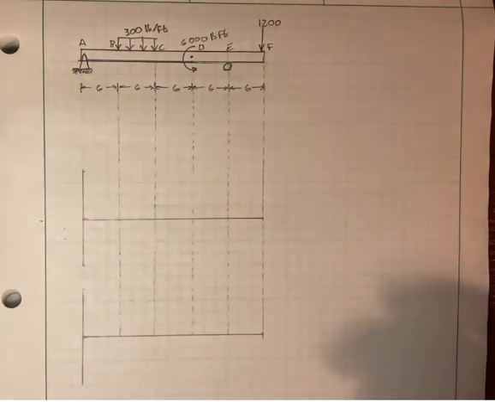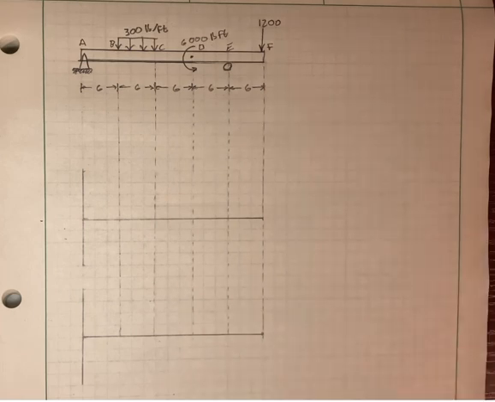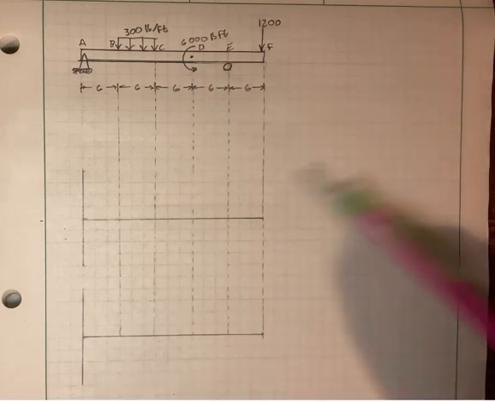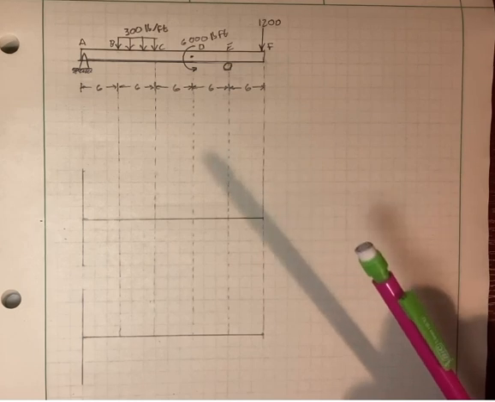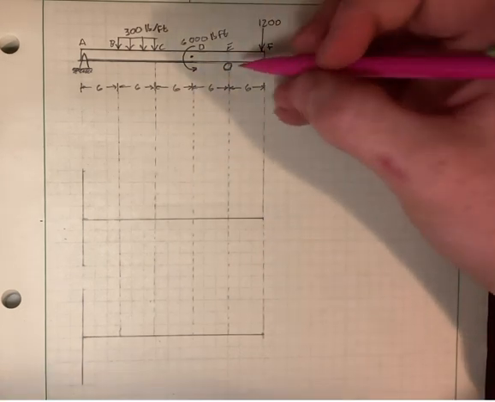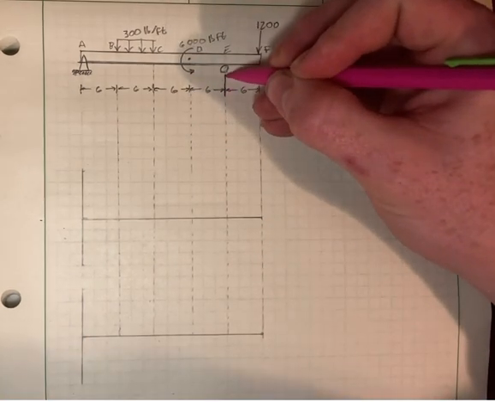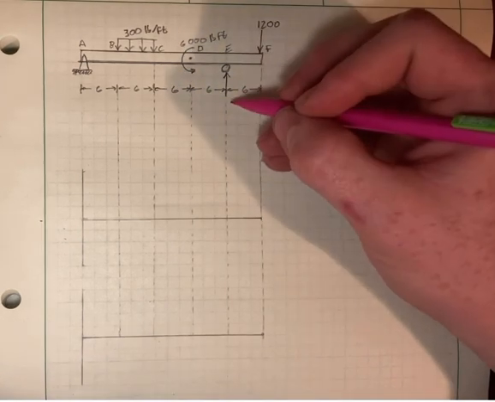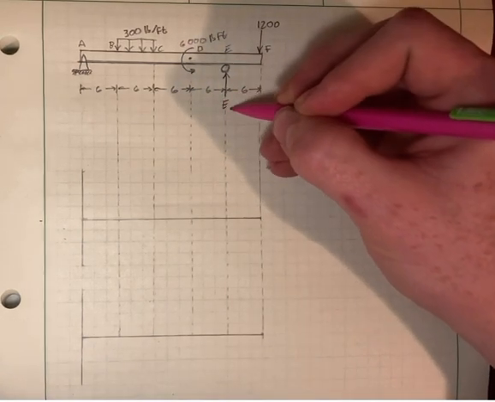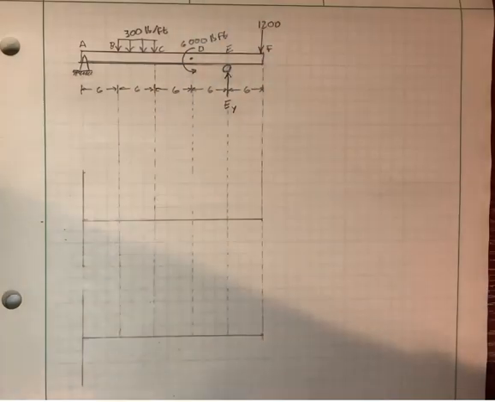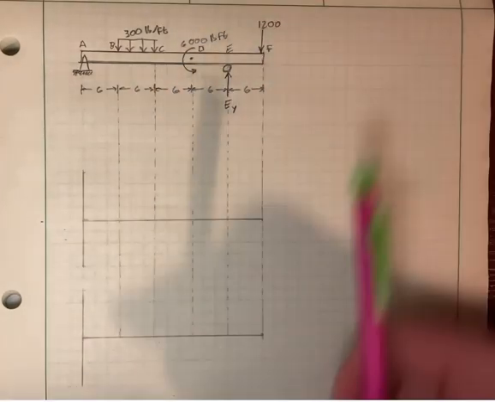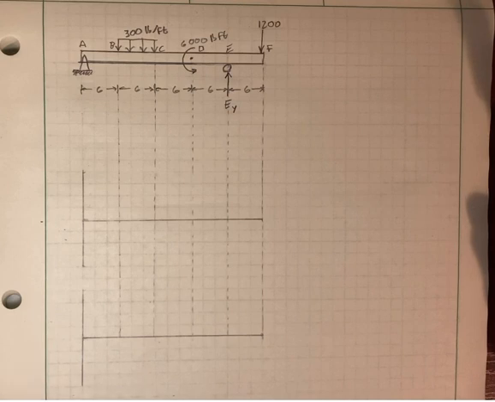Okay, to sum moments, we need to know where all of our forces are. We have a bunch of them up here, which is great, but we also need the reactionary ones. We have a roller here, so we're gonna have an EY reactionary. Rollers only give forces in the perpendicular direction because they roll.